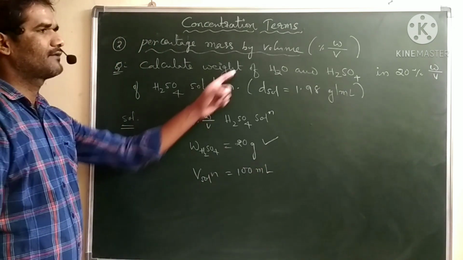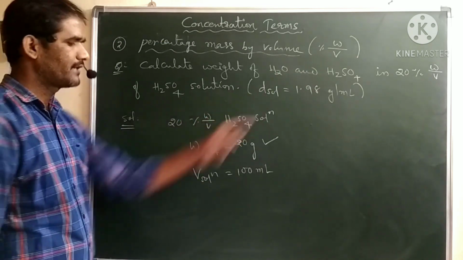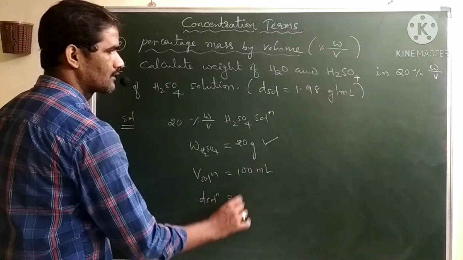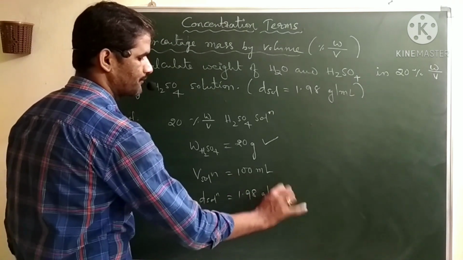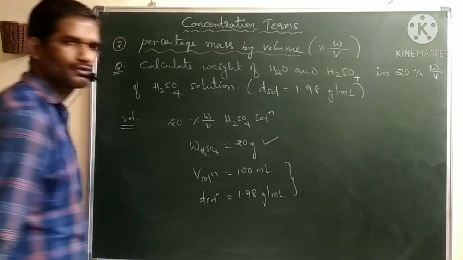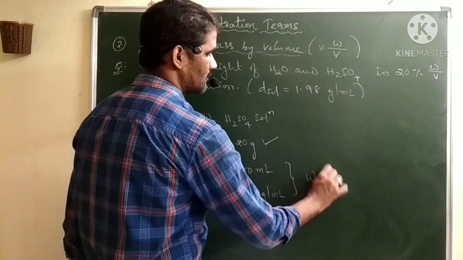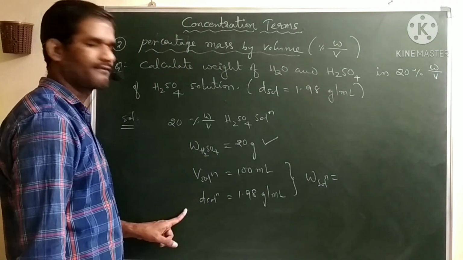Now we have to calculate weight of water. Now we have the volume of solution and also we have density of solution. What is the density of solution? That is 1.98 gram per ml. So by these two we can find out weight of solution. So what is the weight of solution? Volume into density is the weight.